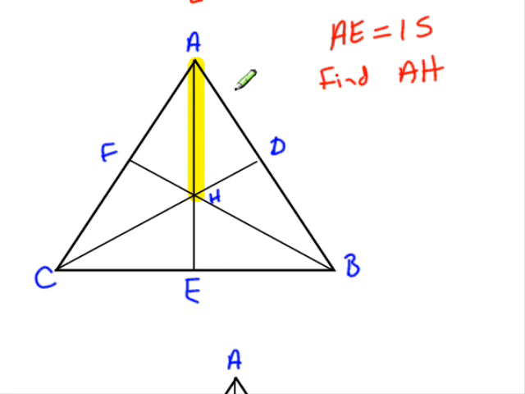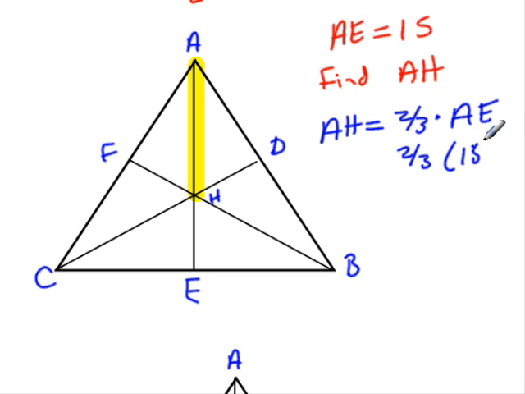So AH is 2/3 of the whole. So AH is 2/3 of AE, and AE is 15 in this problem.